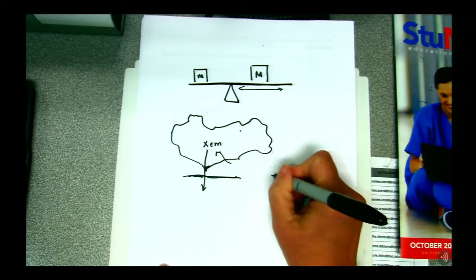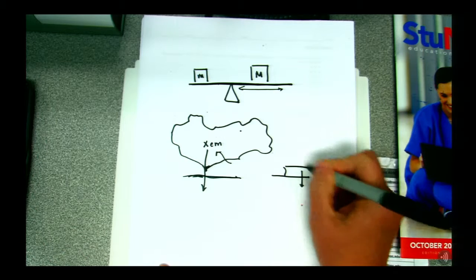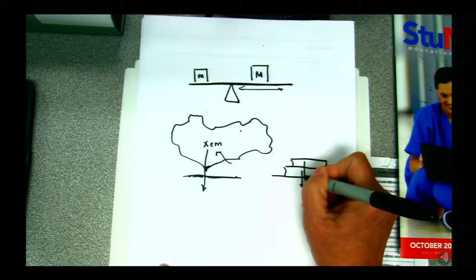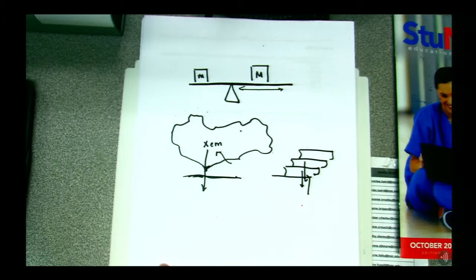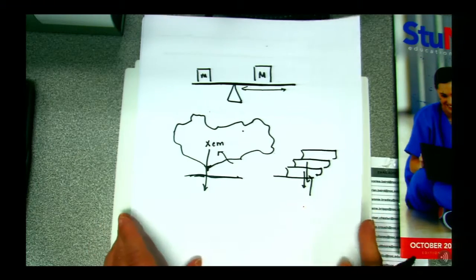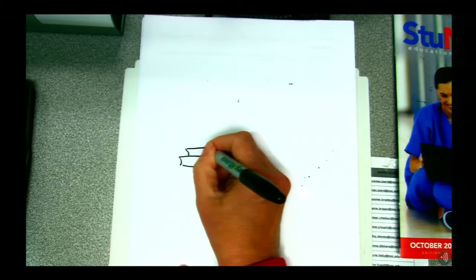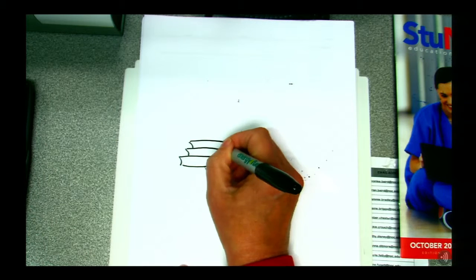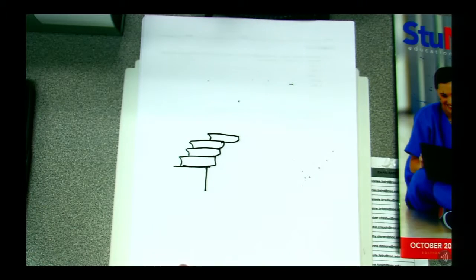I think I've even shown people that if I have a set of books, and we've got our center of mass of this book, and then I put in another book, and as long as the center of mass of these combined books stays over my tabletop, I can develop a situation where I have my book, and another book, and another book, and as long as I keep the center of mass of the system over the edge of the tabletop, this stuff won't tip over, it won't fall over.